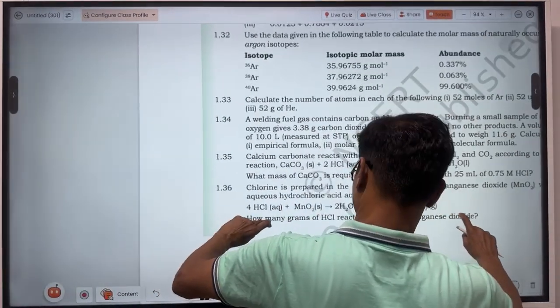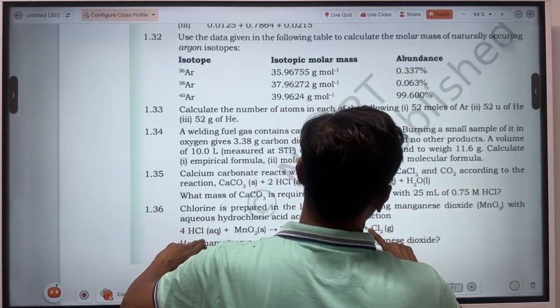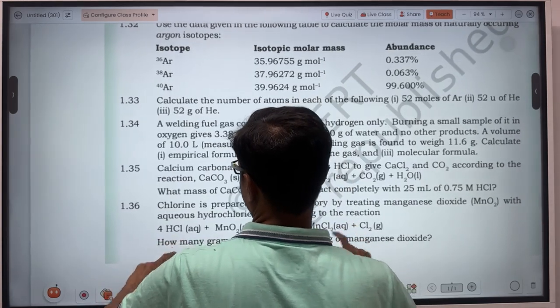Read the question first. I am zooming in so that you can read the question easily.